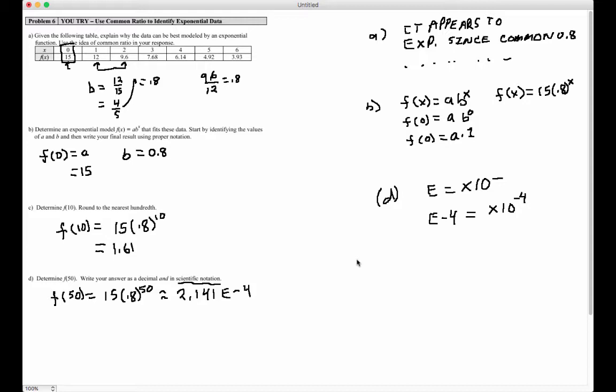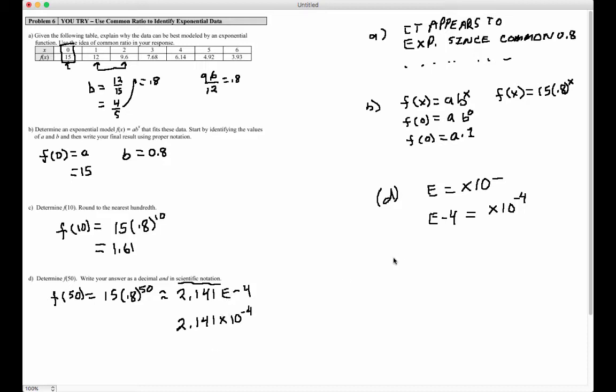In other words, that replaces your standard handwritten scientific notation. So if we come back here, I can rewrite this as 2.141 times 10 to the -4th.